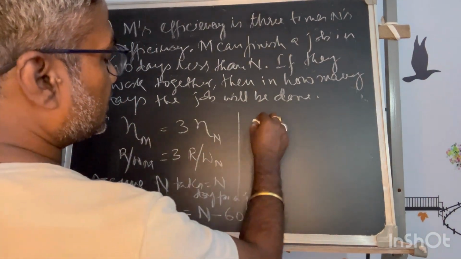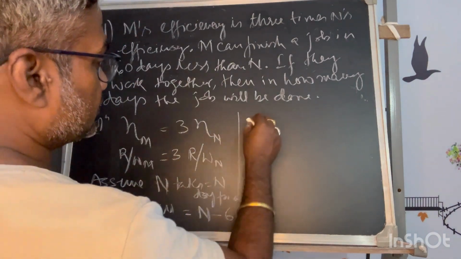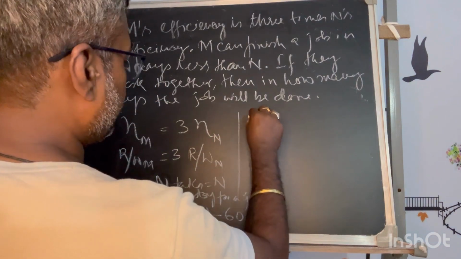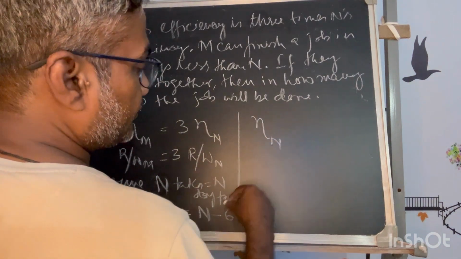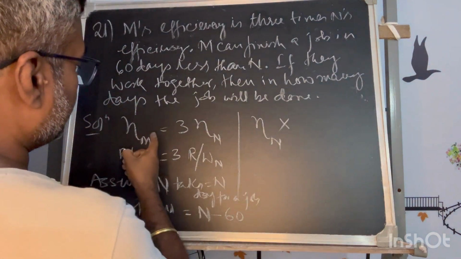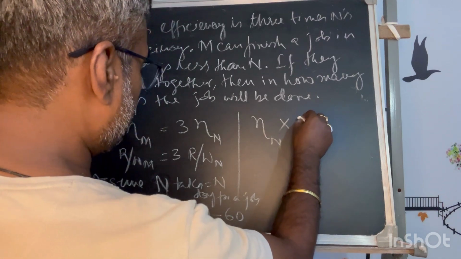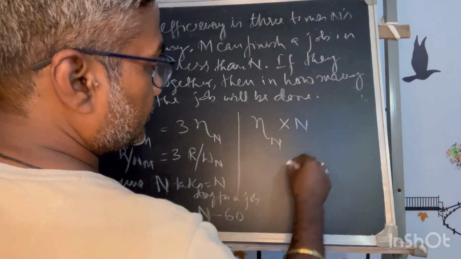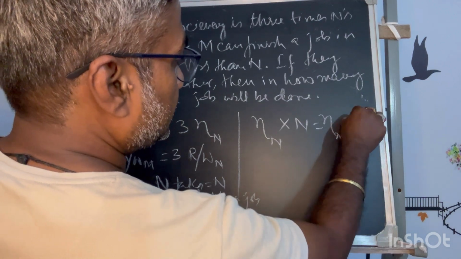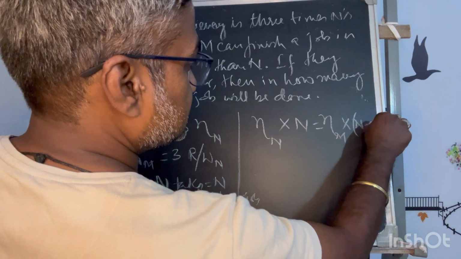The job is 1. So how much is N doing? The rate of work of N, efficiency, into the number of days N. The same is the efficiency of M into the number of days, N minus 60.